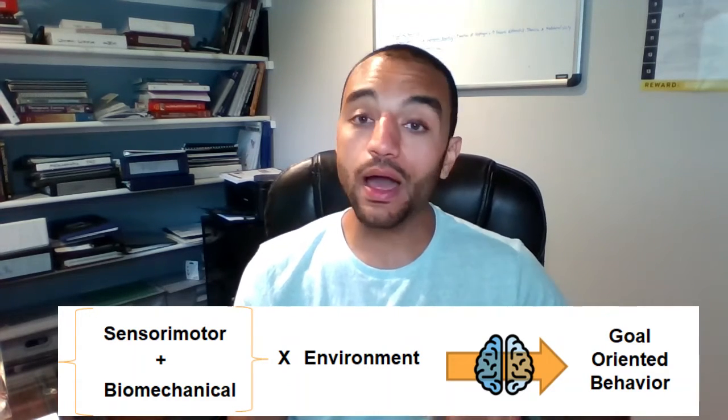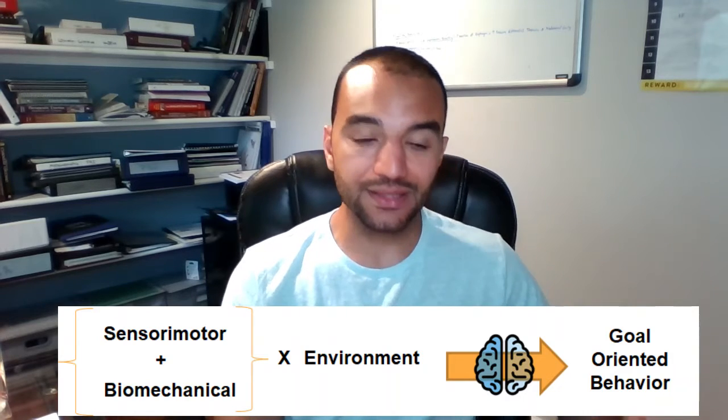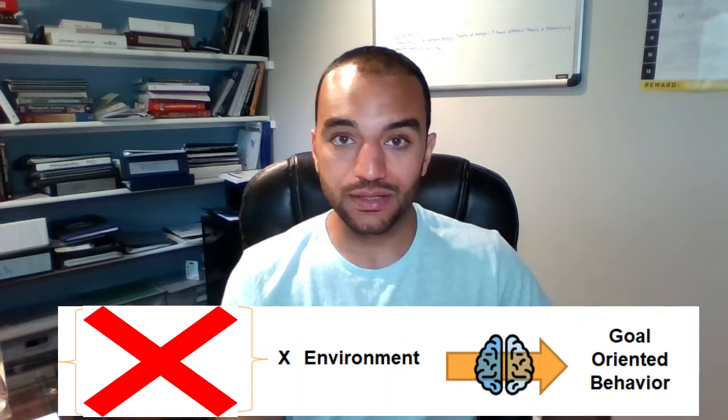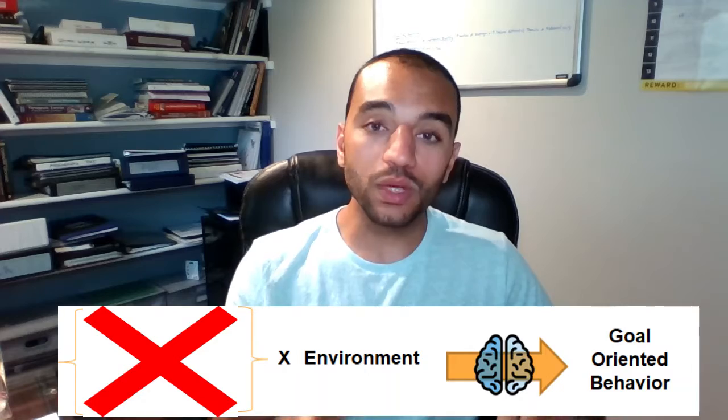Super helpful. However, it neglects the sensory motor and the biomechanical systems. And we can utilize the other models of motor control to help fill in the gaps here. But if we're just using the ecological model and only in that department of motor control, we may actually miss a lot of other aspects in terms of tapping into our client's potential.